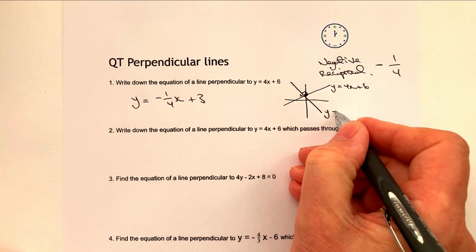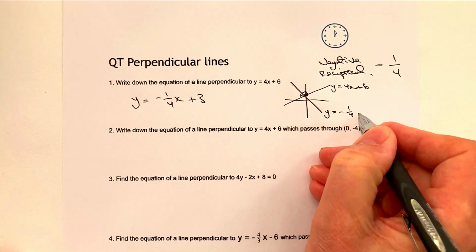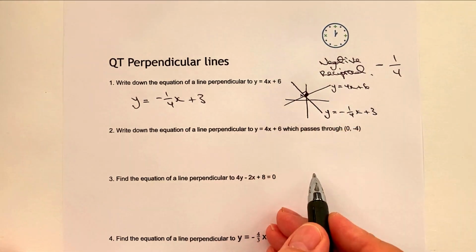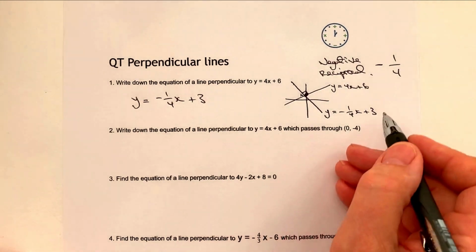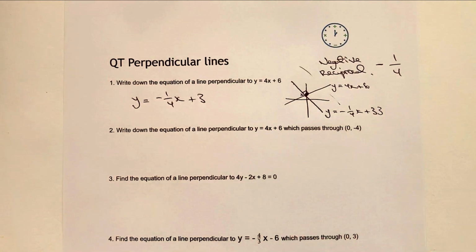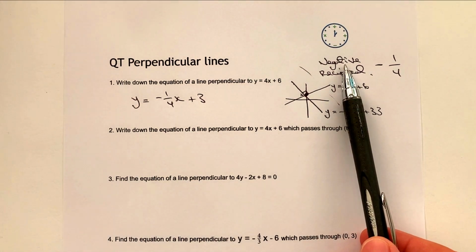This one is going to be y equals minus 1/4 x, and in this case I've put 3, which is roughly about there, but equally it could be 33 and be up here somewhere and still be the perpendicular line. So that's the general idea, that all we need is the negative reciprocal of the gradient.